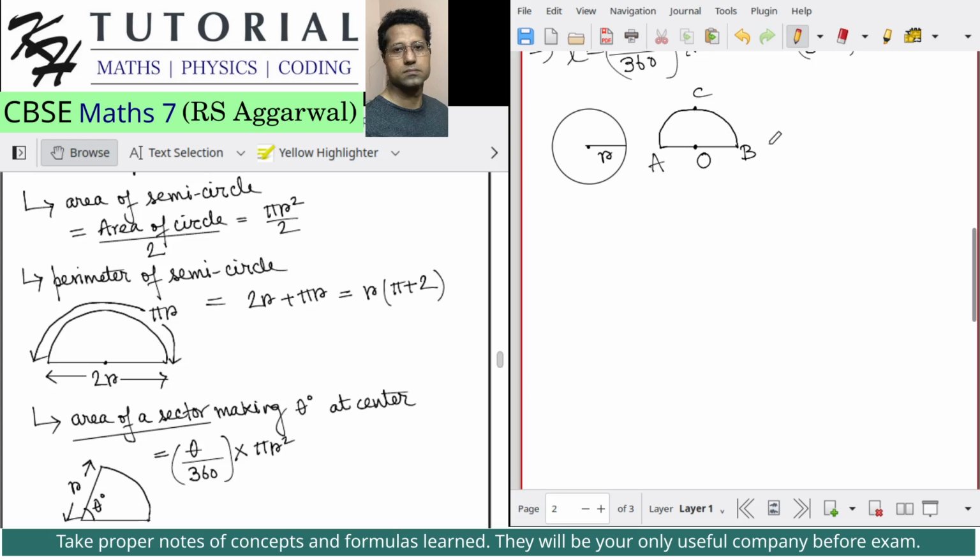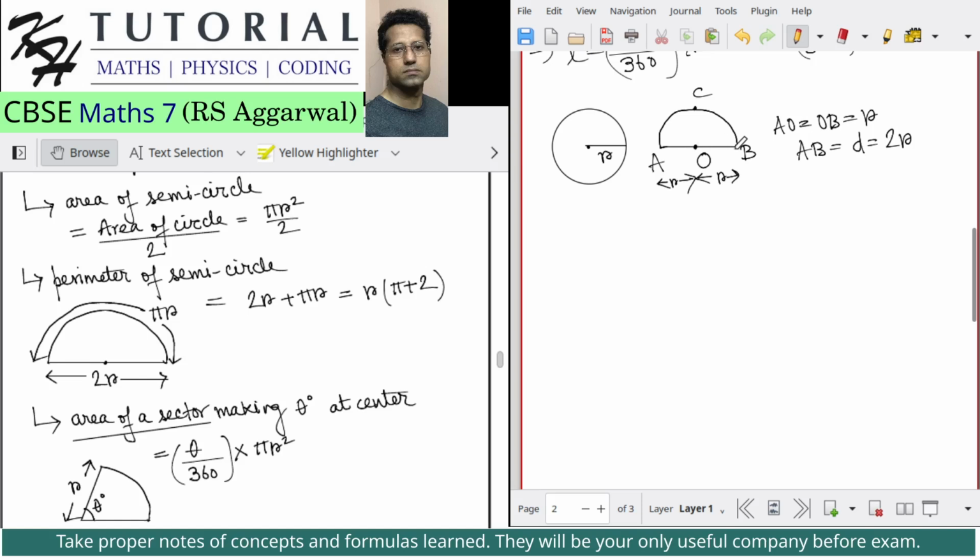So definitely in this semicircle ACB, we have AO is equal to OB is equal to R, and obviously AB is the diameter, which is twice R. So ACB is a semicircle of radius R. So this is R. Also this is R. Now what will be the area of this semicircle of radius R and its perimeter?